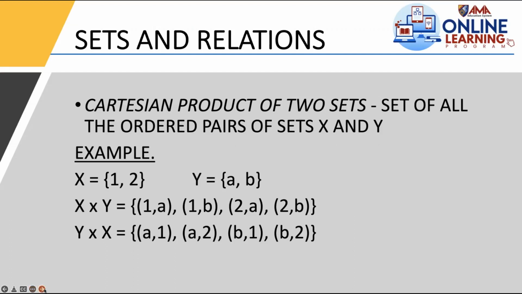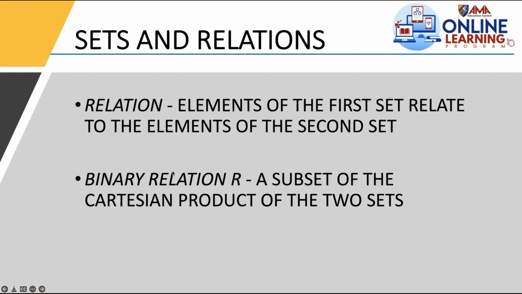Okay, so anyway, the focus here is the Cartesian product of two sets. I just illustrated the other concepts on sets that we discussed a while ago. Okay, this one also is interesting. Actually, relation, you learned this also in high school already. Remember relation and function, class? But relation, what you learn in high school, is a set of ordered pairs. Actually, this one is still a set of ordered pairs. It's just a different way of defining it: elements of the first set relate to the elements of the second set, but actually still ordered pairs.